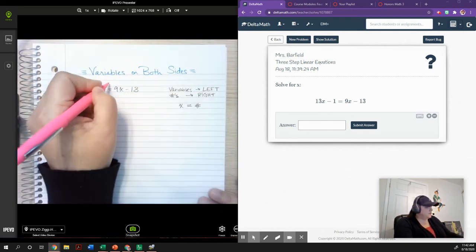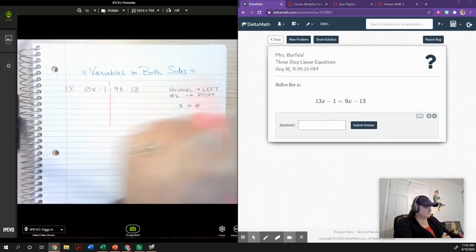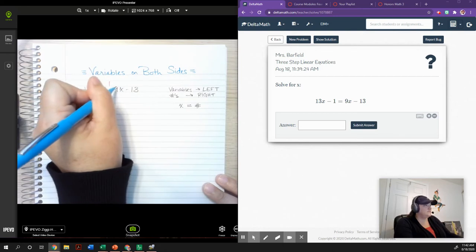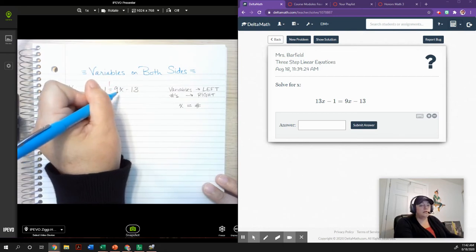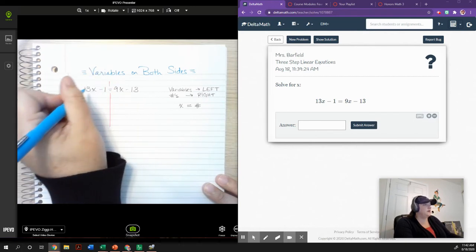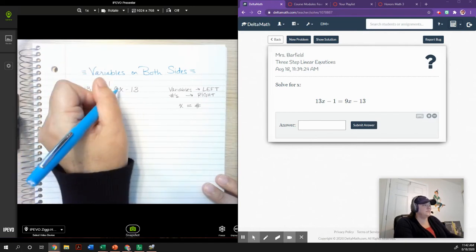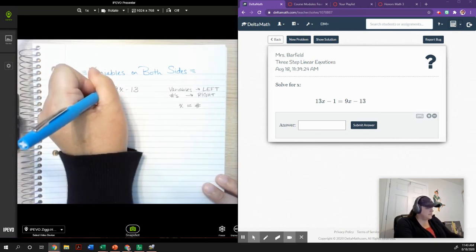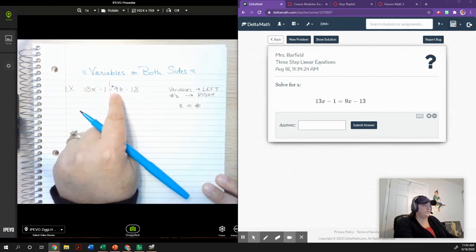All right, so if I draw my wall, that means regardless of what this is, I don't care. I'm going to take this variable and move it to this side, which means I need to do the opposite operation. So this is a positive 9x because I take the symbol that's in front.